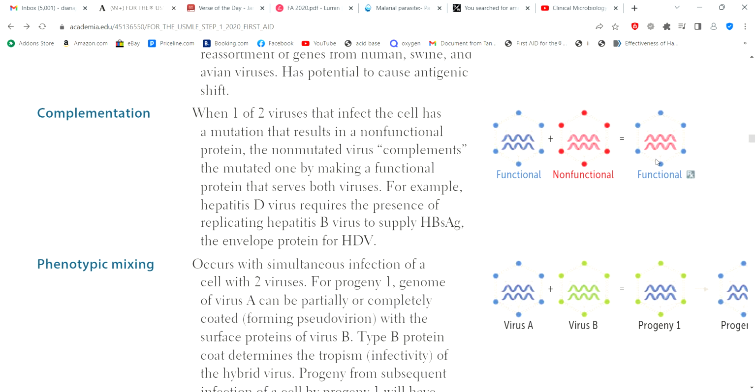Hepatitis D virus is non-functional until HBsAg is given. With HBsAg, hepatitis D can then infect the cells on its own.